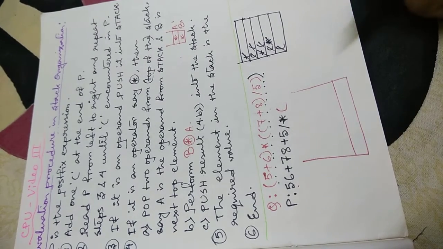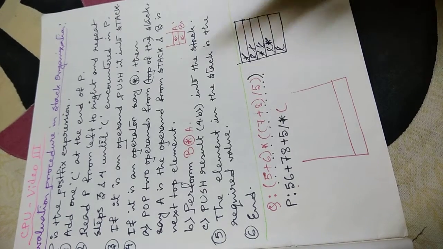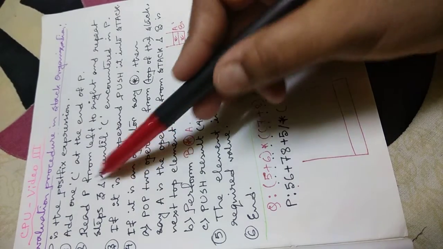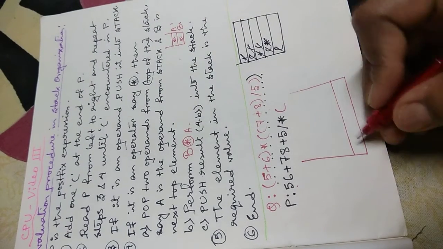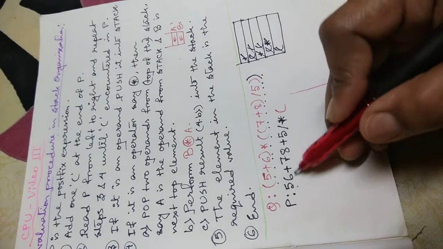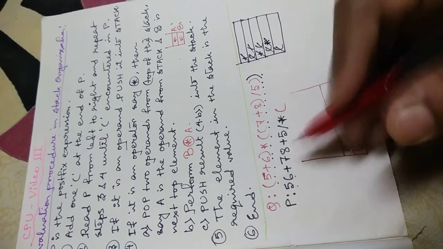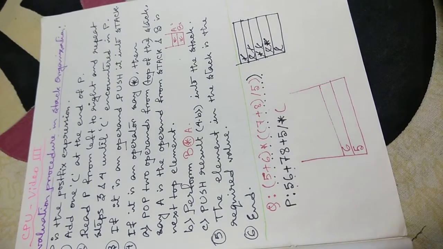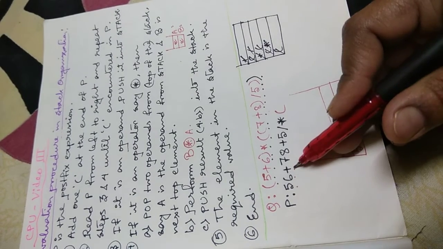Firstly, we encounter 5. It is an operand. So if it is an operand, we have to push it, right? 6 is an operand, so push it. Now we encounter an operator, plus.